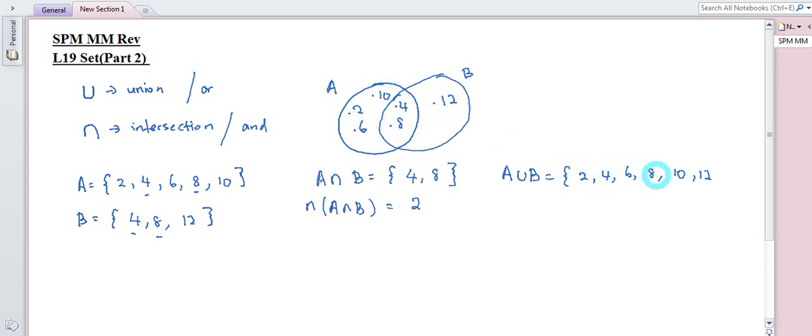Correct. It's something like plus, it just acts like a plus, A plus B. So the number of elements for A union B will be 6. Now I think you should be able to understand what union means and what intersection means. Remember the symbol.